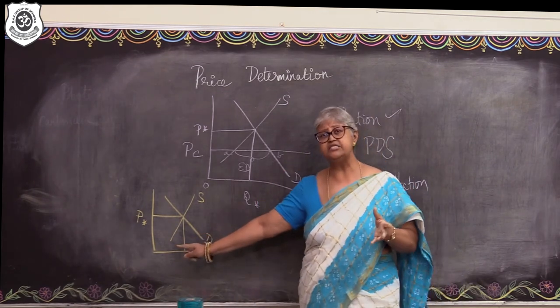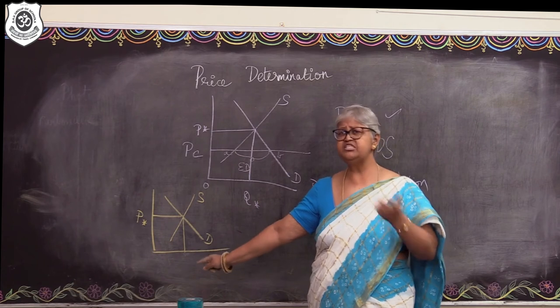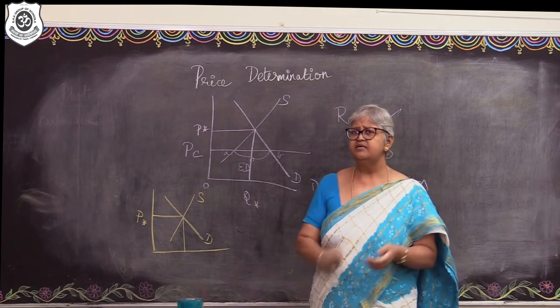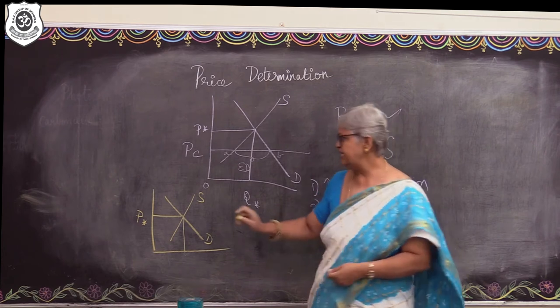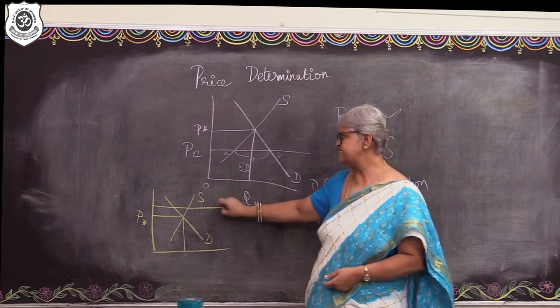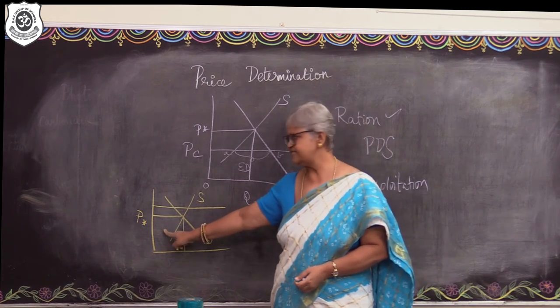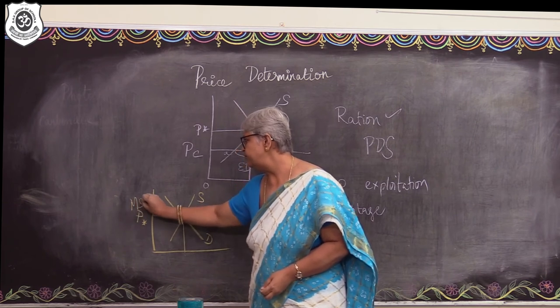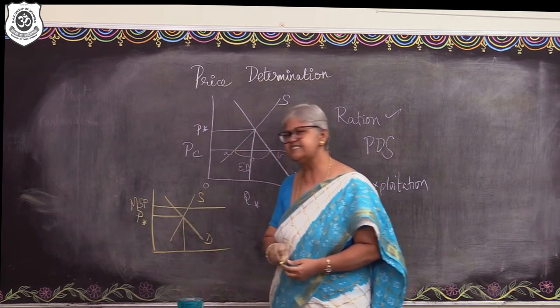Left alone, the market price is too low, which does not even cover the cost of production for the farmers, right? So the government will try and procure at a higher price than the market price. So this will be the MSP, the minimum support price.